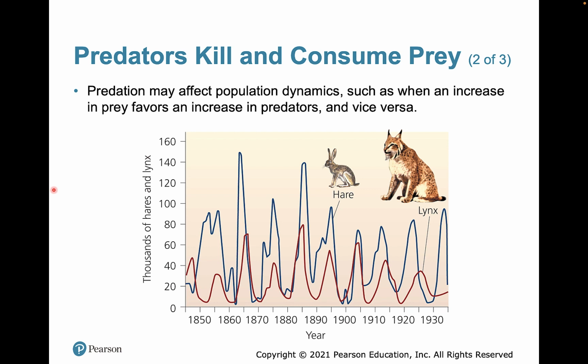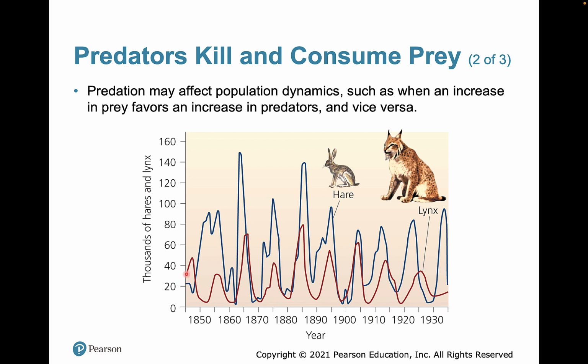As the predator population changes, that influences changes in the prey population and vice versa. So this is a really classic example, and you're going to see this in a lab later on in this unit, where you look at the relationship between the hare, which is a rabbit, this blue line, and the lynx, which is the red line.